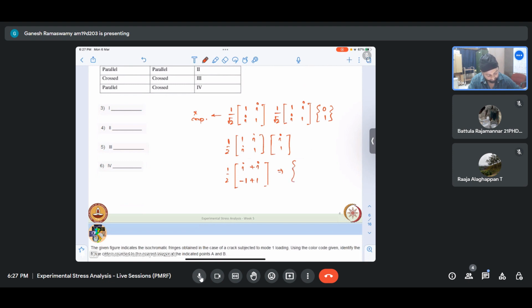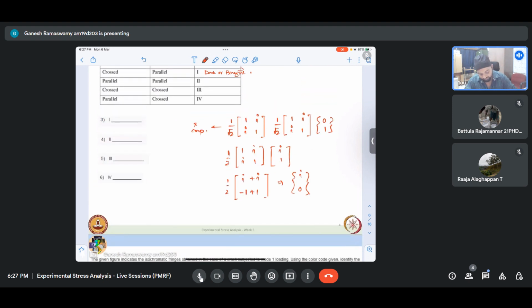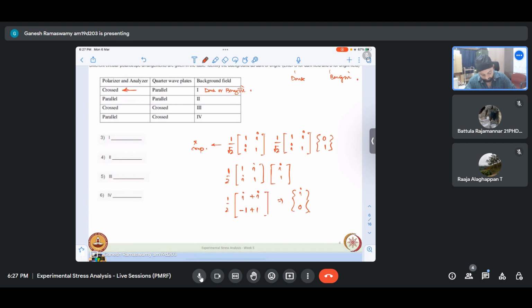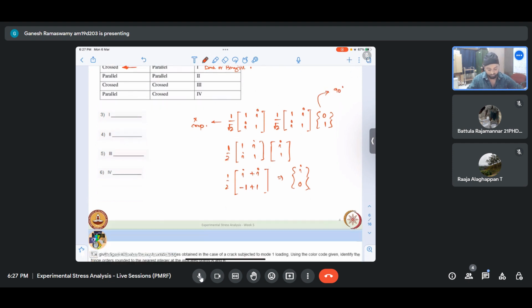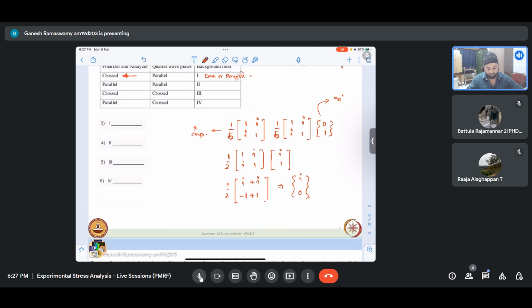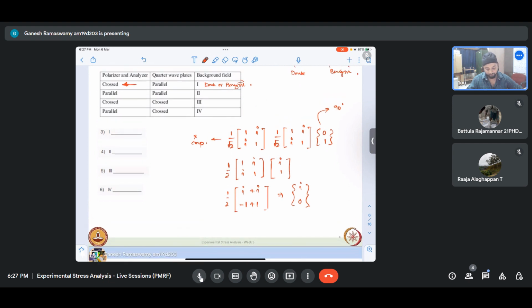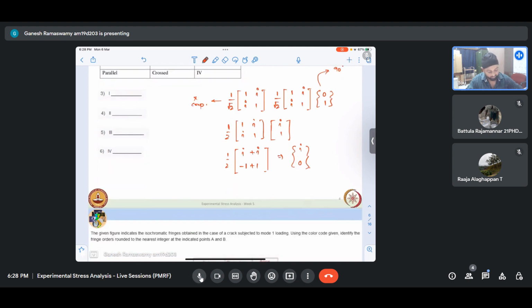The constraint for the first case is that these are crossed, and my polarizer for the first case is kept at 90 degrees. That is why I got 0, 1 as my vector. So if this is crossed, I'm getting a zero intensity. That is, I'm getting this as the output light vector. Now I have to analyze whether I'll be getting a dark field or a bright field.